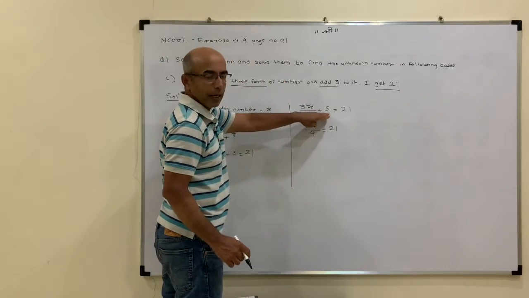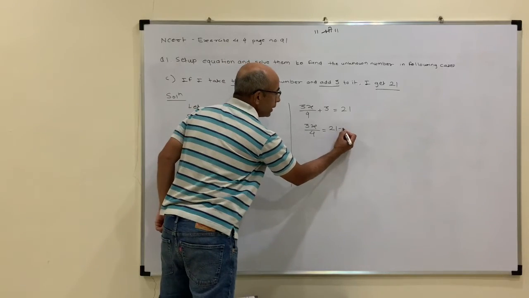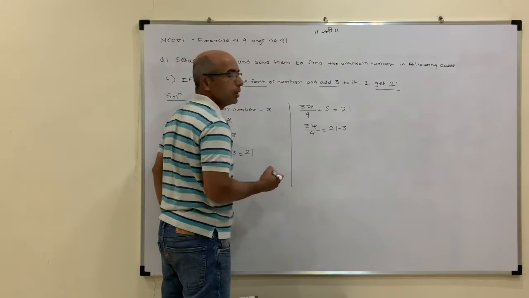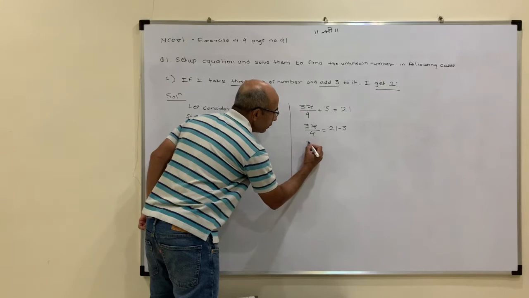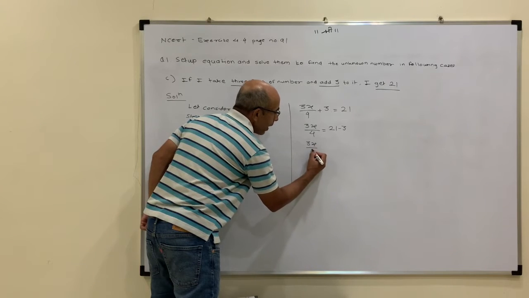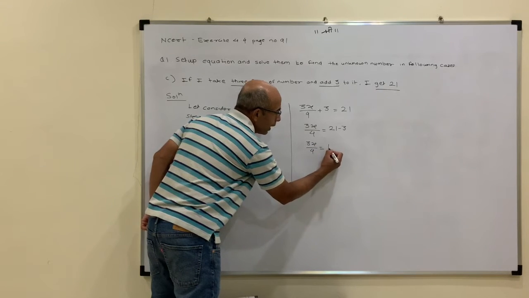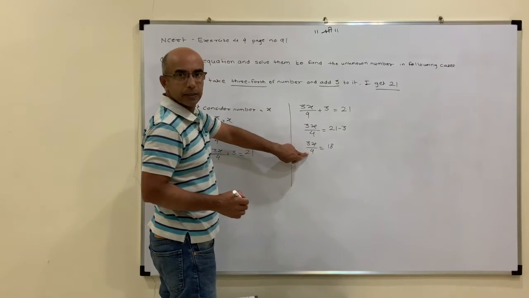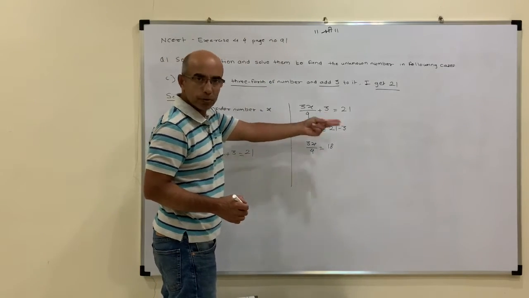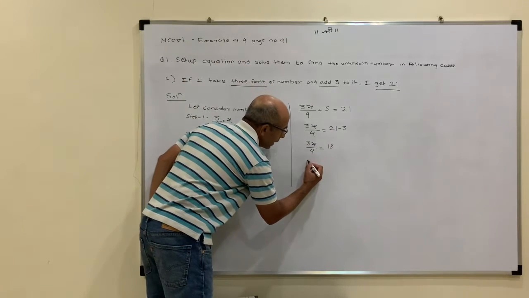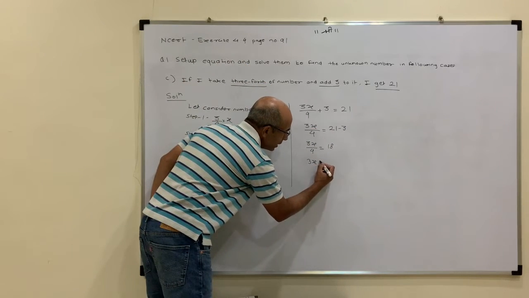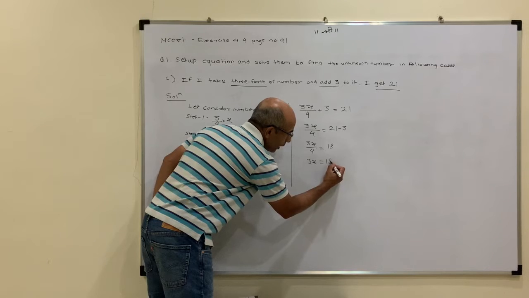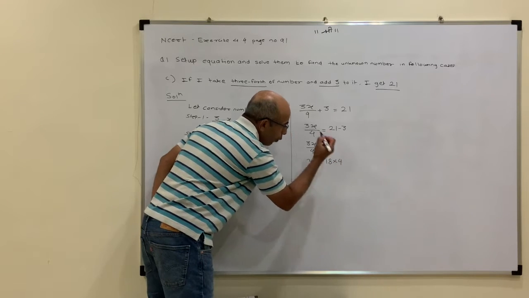Here 3 was added, so when I transpose it, it will be subtracted. So my next step will be 3x divided by 4 equals 18. Now the 4 which is divided, I will be transposing it onto the right hand side. So 3x equals 18 into 4.